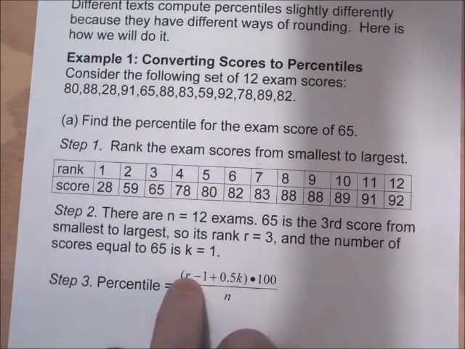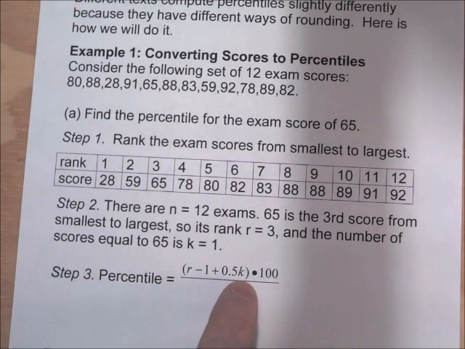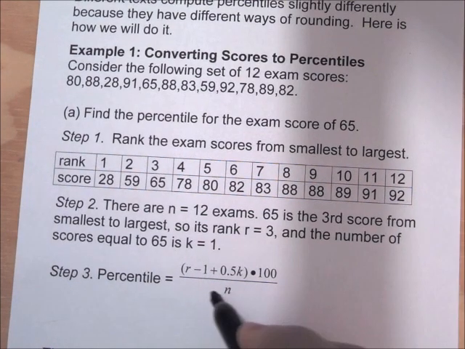Okay, so the percentile is the rank minus 1 plus 0.5 times k, times 100, divided by n. Not all books have the 0.5 times k in them. Some books leave that off, but our book has the 0.5 times k. So you might get a slightly different answer if you don't put that in there.